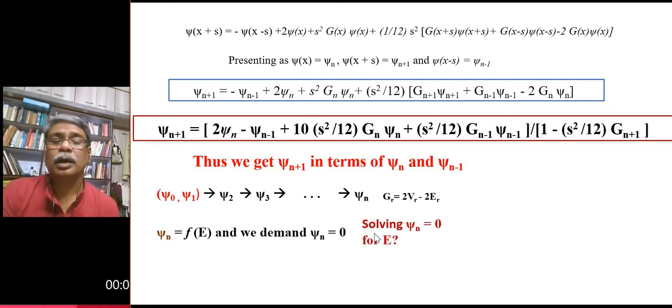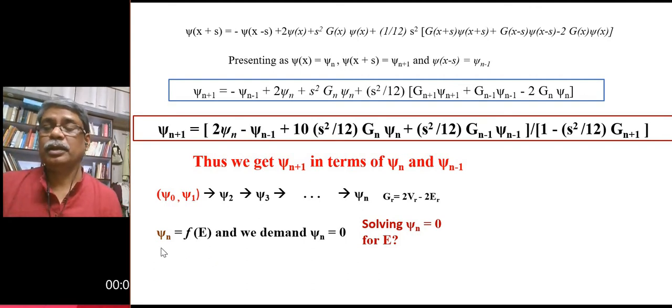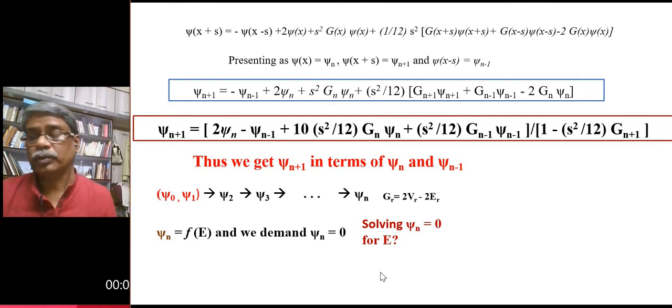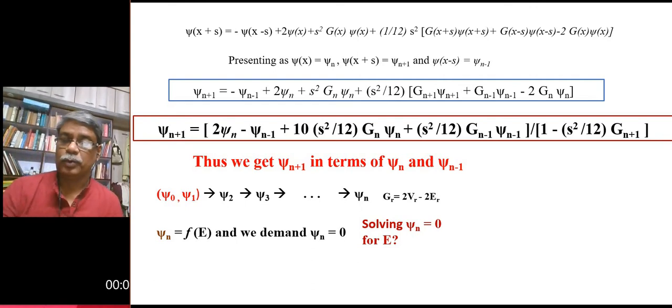So now the question is, your target is to get E and psi n, or the whole set of psi. So psi n as a function of E equal to 0. That means you can either directly solve this equation psi n equal to 0 for E, and once you get E, you can put it back to get the psi at every point.